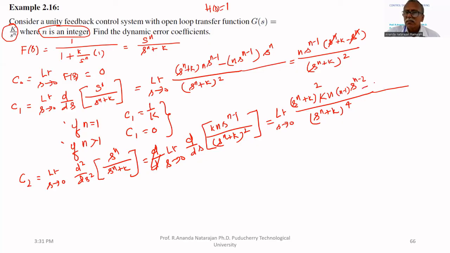Minus, we keep the numerator as such, k n s power n minus 1, times 2 times (s power n plus k), and the differentiation of that gives n s power n minus 1.